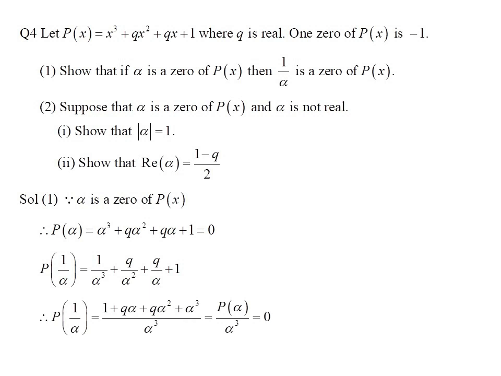After combining these terms over the same denominator, we find the numerator is just p(alpha), which equals 0. So the reciprocal of alpha is also a zero of the polynomial p(x).